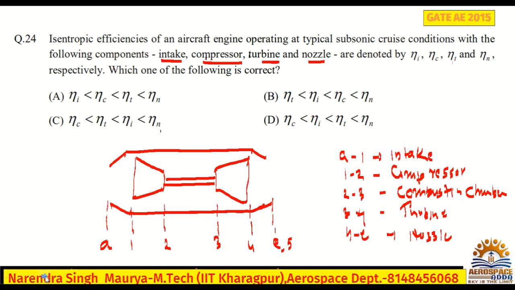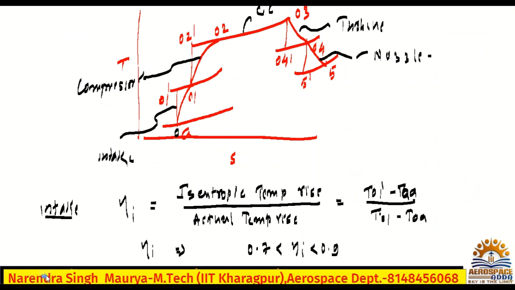What is the intake efficiency? It is 0.9, eta I. Okay, so efficiency is less.